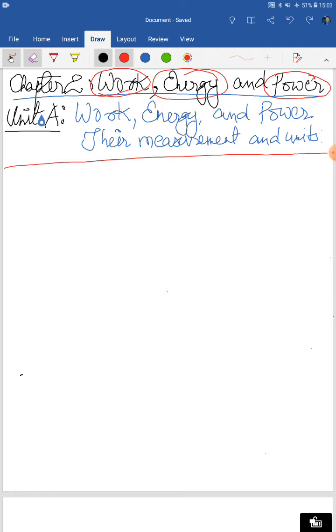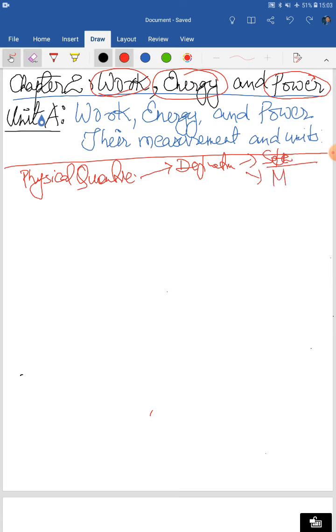As I said in earlier classes, whenever you are learning some physical quantity in physics, you have to learn first its definition. Two types of definition you have to learn. One is the sentence form definition, and the other one is the mathematical definition.